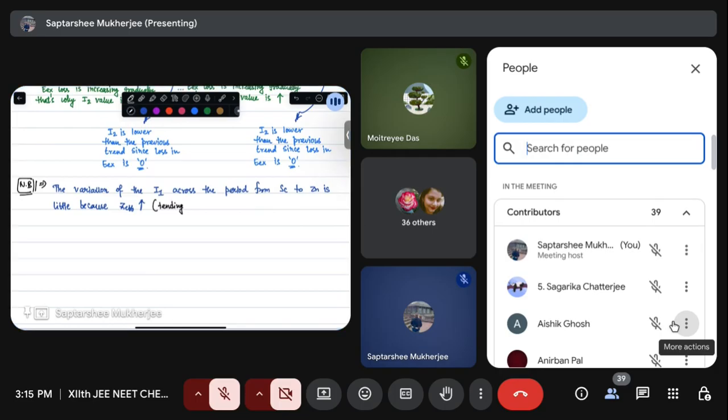Everyone, decrease or increase? Increase. Tending to increase ionization enthalpy.